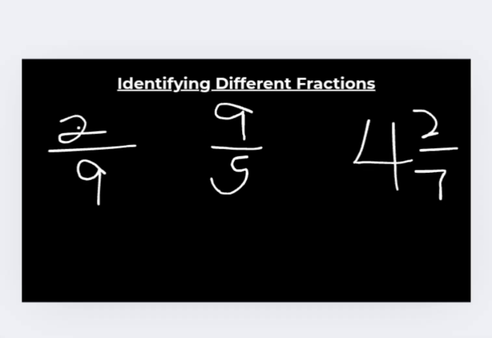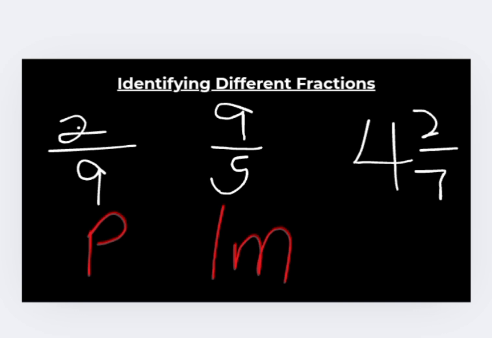So let's identify different types of fractions. Let's look at this. 2 over 9 is a proper fraction, because the lesser number is there as the numerator, while the larger number is the denominator. 9 over 5 is an improper fraction.